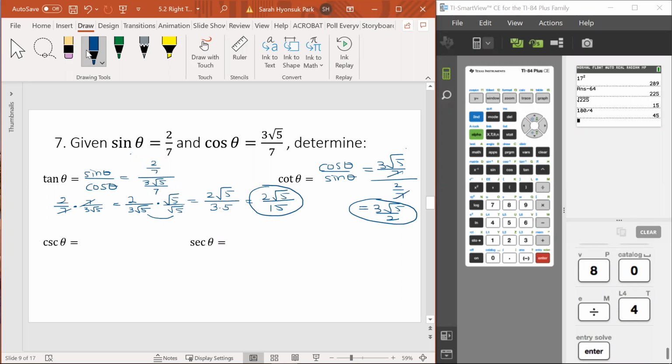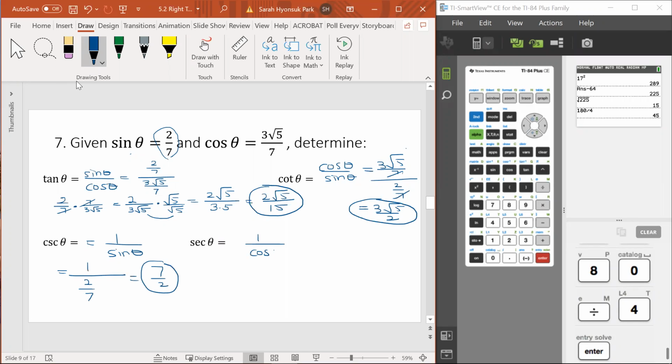Cosecant theta is 1/sine theta. That was a reciprocal identity. So what that means is whatever you have for sine theta here, you can flip that around. So here, that's 1 over 2/7, which is equivalent to 7/2. Secant theta is 1/cosine theta.